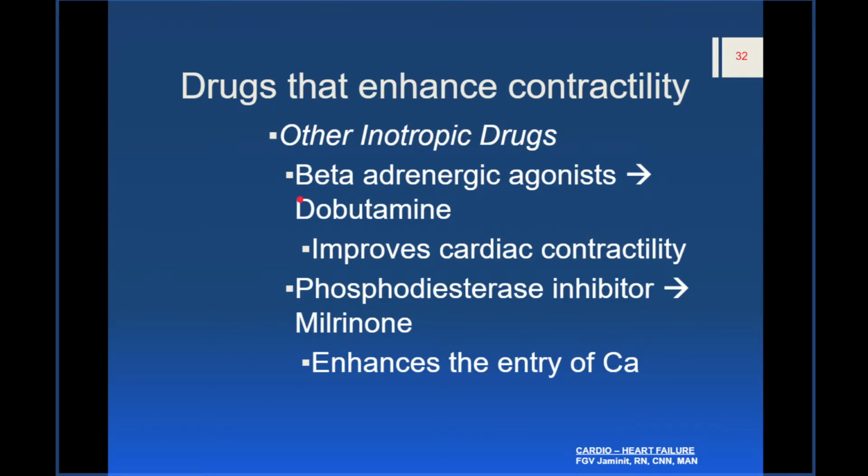Then beta-adrenergic antagonist or agonist rather. Example would be your milrinone, okay? Milrinone is a phosphodiesterase inhibitor, which enhances the entry of calcium to the heart or to the receptor of the cardiac muscles, no?